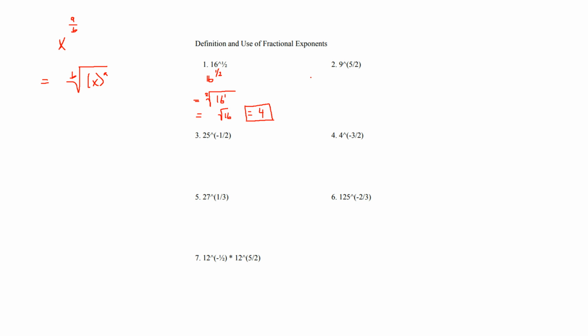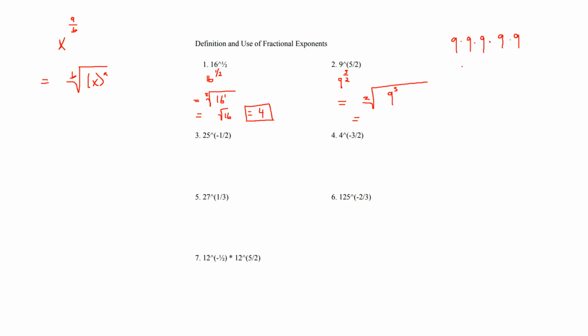For number 2, it's 9 to the power of 5 over 2. And just like over here, this turns into the square root of 9 to the power of 5. And 9 to the power of 5 is 9 times 9 times 9 times 9 times 9.